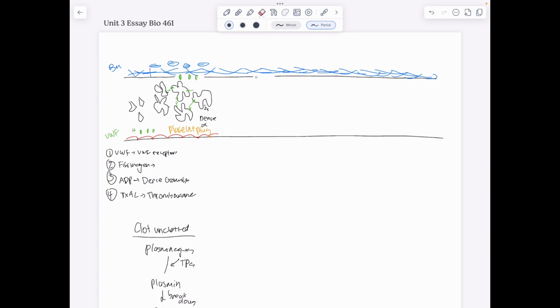We have factor 12 binds to the collagen, and we get 12A, meaning activated. Then that goes to factor 11, and that becomes activated. Then we have 9A, and if we have a cofactor 8, we can go back to 10.